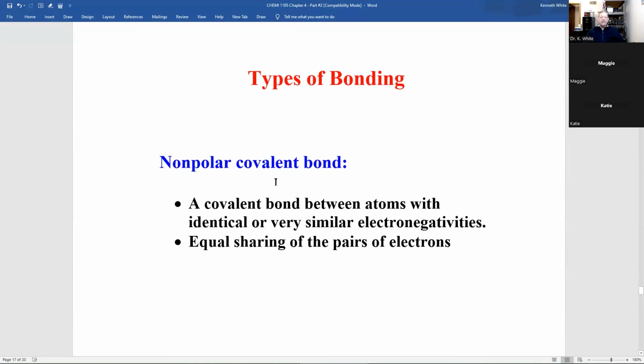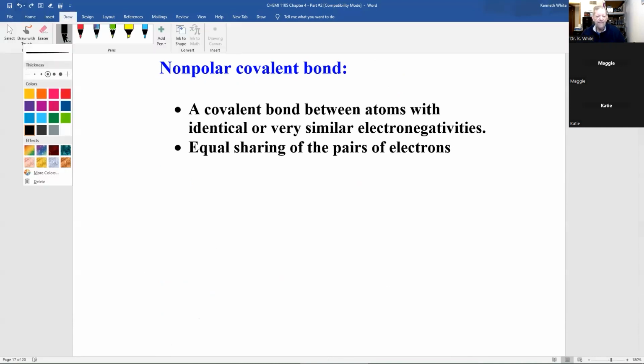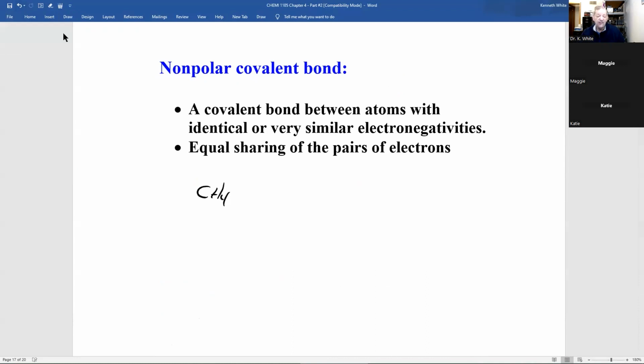There are different types of covalent bonds. Non-polar covalent bond: atoms with similar or identical electronegativity, so there's equal sharing of electrons. Methane: it turns out hydrogen and carbon electronegativities are similar.